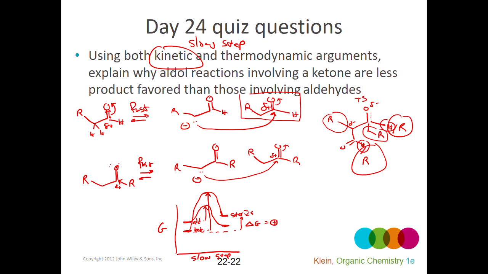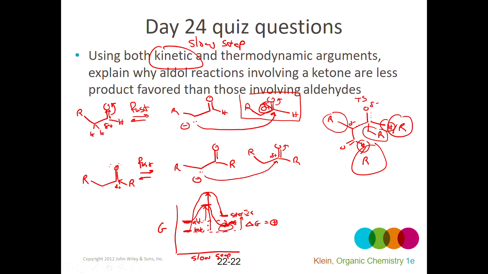Versus the aldehyde, where the activation energy is smaller because there's not so much sterics during the transition state, and there's a larger partial positive on the carbonyl, making it a little less stable to begin with. It doesn't take much energy to get up there, and also because the aldehyde's unstable with that large partial positive compared to the products, which don't have a lot of steric hindrance, that actually gives a slightly negative delta G. I don't have space to draw it in there, but a negative delta G, which makes that product favored, right?